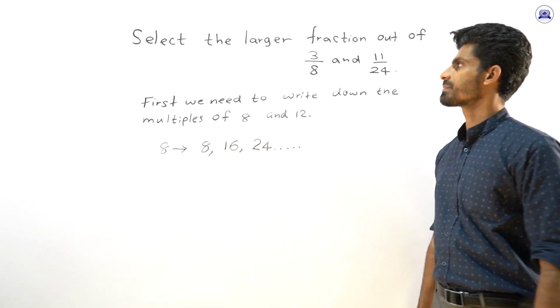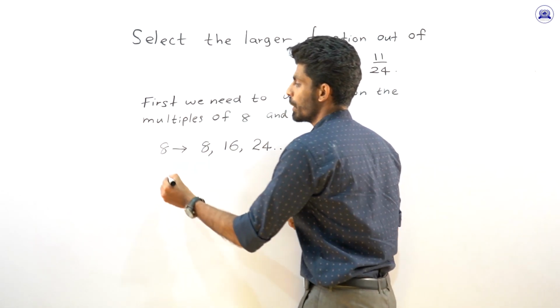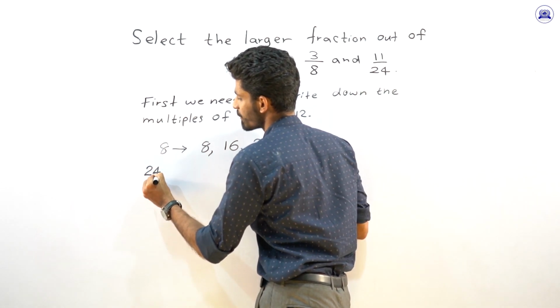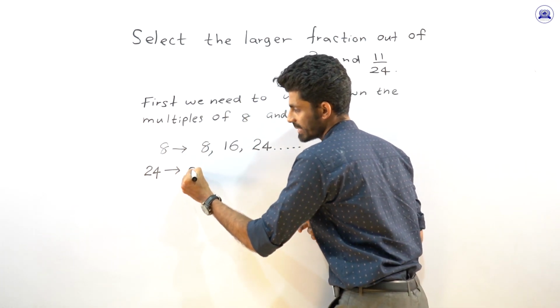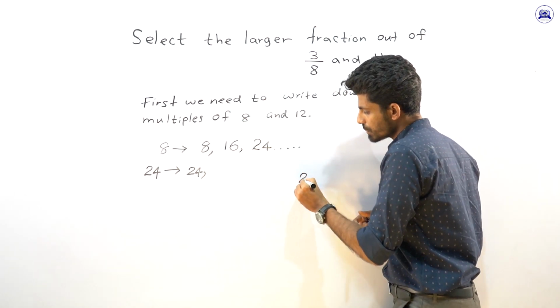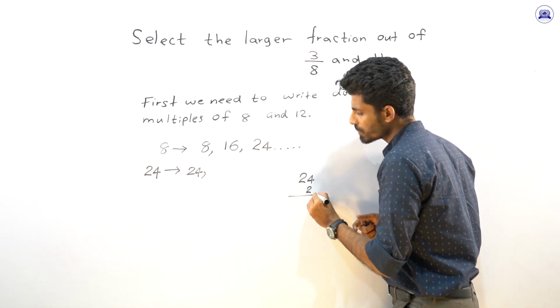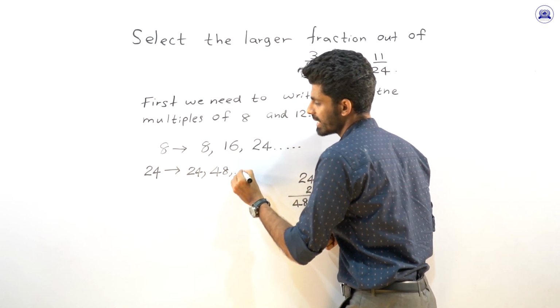Like that. So what are the multiples of 24? 24 into 1, 24. 24 into 2, 48, and so on.